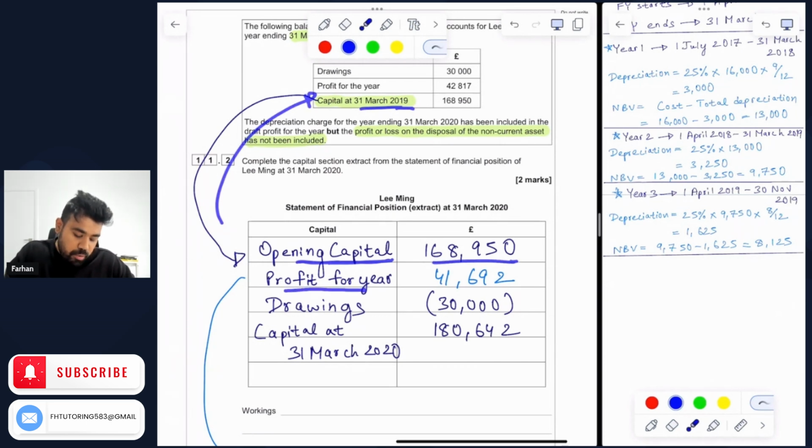Then we add profit for the year, which is £41,692. This profit has been revised based on the loss on disposal that we had just included, which increases the expenses and therefore decreases the profit. Then we are subtracting drawings of £30,000 because drawings refer to a reduction in owner's equity. And then once you do all these calculations together, the number you end up with is £180,642, which is what we call the closing capital or the capital at 31 March 2020.